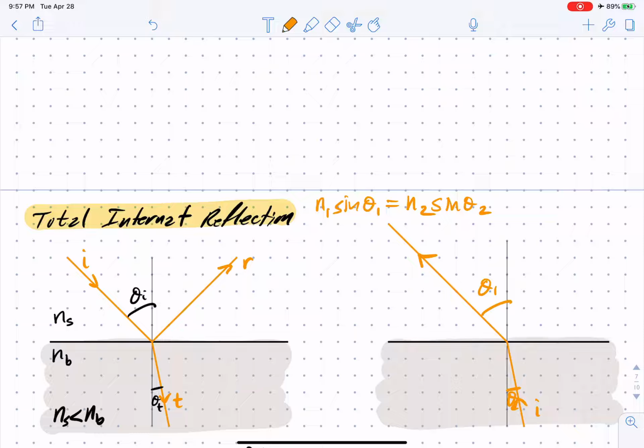Okay. So the only thing is you need to make sure that you use the index of refraction that goes with that angle on the same side of the equation. And so of course it's going to be the same angle, so this should go back in the same direction that it came in over on this side. All right.